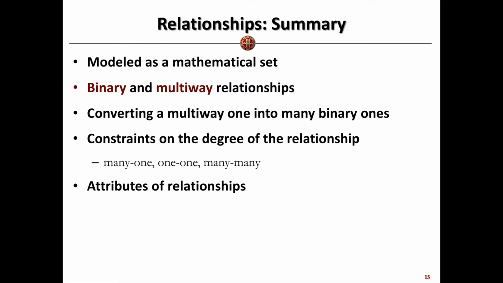To the new relationships we have created. We have also covered the constraints on the degrees of the relationships. We have many-to-many, one-to-one, and one-to-many. So you need to pay attention to which side we need to add the arrows, right? It is important. We also mentioned we can add some attributes to the relationships as well. Okay, so this is about the ER model for the relationships.